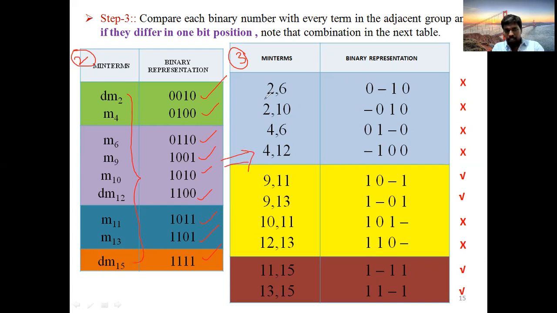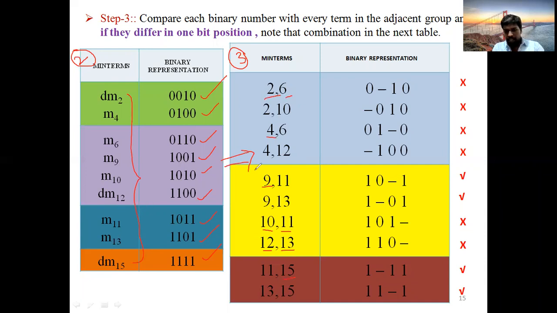Okay, see 2, here 2 is there. Here 4 is there. Here 6 is there. Here 9 is there. Next here 10 is there. Here 12 is there. Here 11 is there. Here 13 is there. So 15 is there. So in some group, each and every min term is existing. Okay.